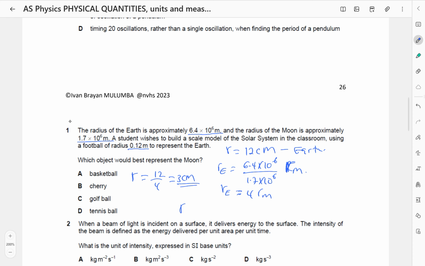So I need an object whose radius is 3 centimeters to represent the Moon. A basketball cannot have 3 centimeters. A cherry ball is bigger. A golf ball has slightly higher radius. Then most likely this is going to be a tennis ball. So the answer there is going to be a tennis ball with a radius of very close to 3 centimeters.